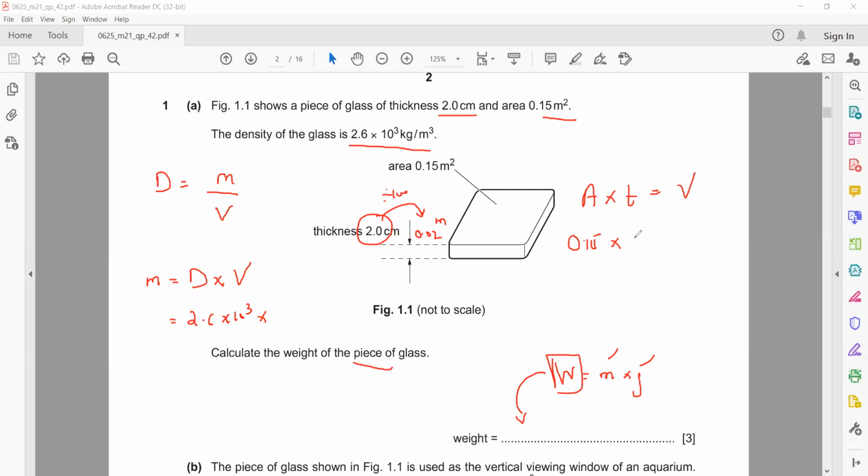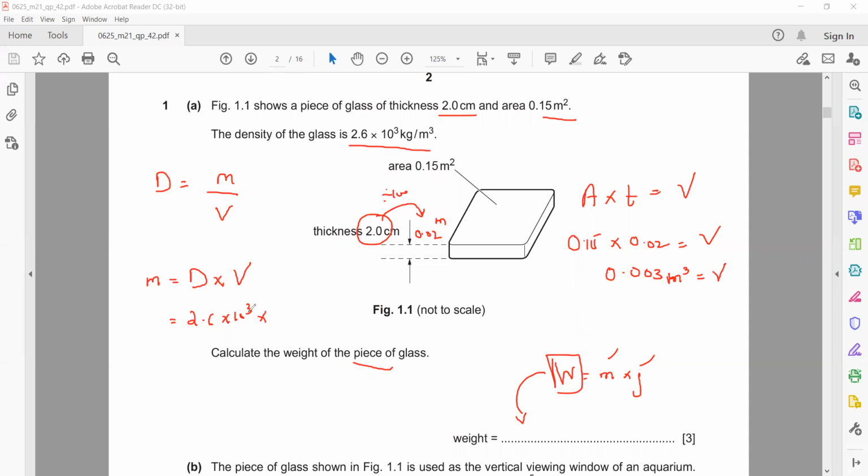So 0.15 multiplied by 0.02, what we get? We will get the volume. So volume will come out as 0.003 meter cube.